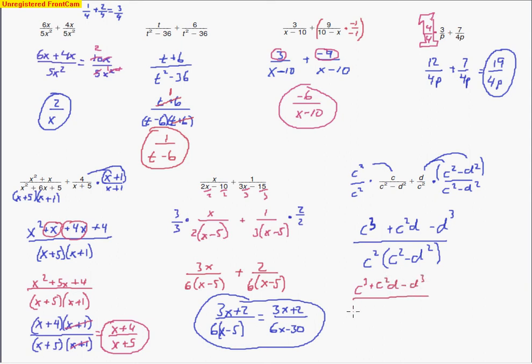And down below we got a c squared, and then we've got a c minus d and a c plus d. This is a difference of squares, so that's the way that ends up factoring. So we could try to factor this, but we see that there are no common factors between these terms. We saw that when I had tried to do it earlier.